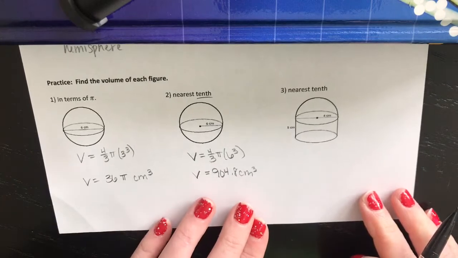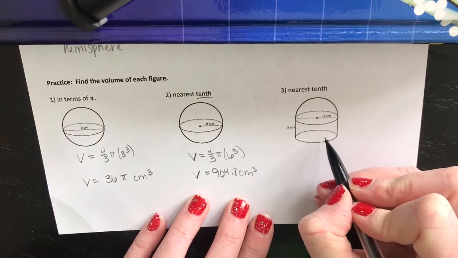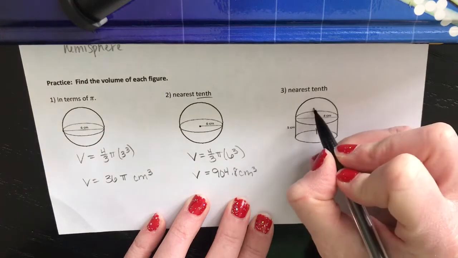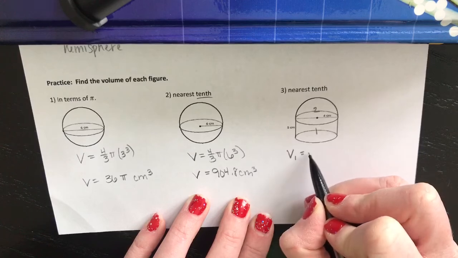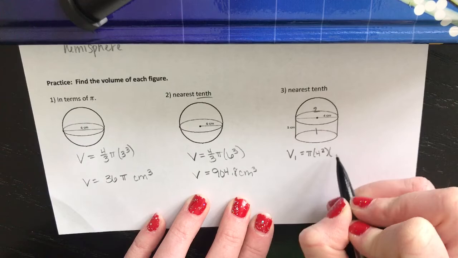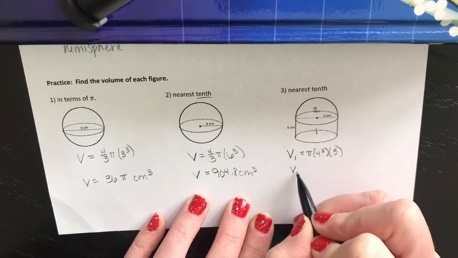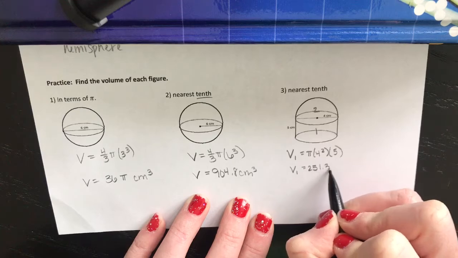Okay, this last one, a little interesting. This is a hemisphere and a cylinder. So we could label these if we wanted to, shape 1, shape 2. So the volume of shape 1, from another day that we did cylinders, is pi r squared h. So that's about 251.3.